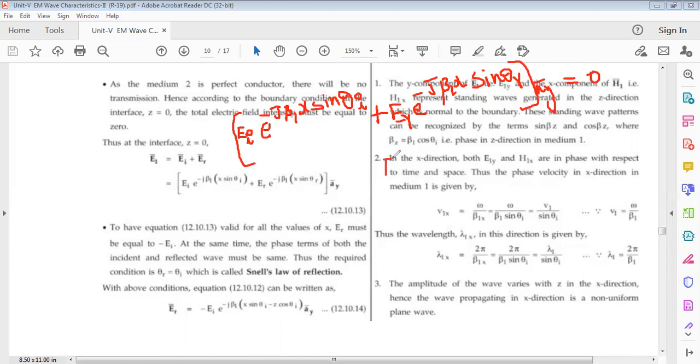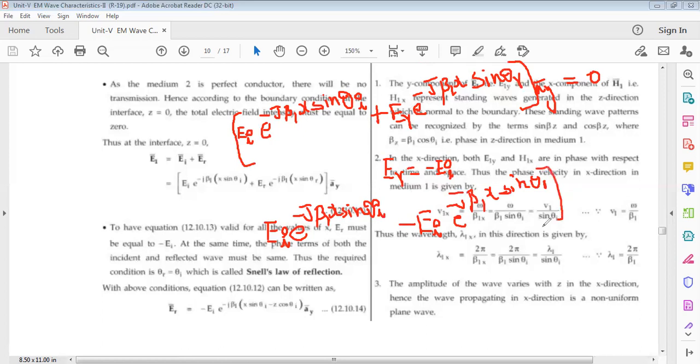So substitute E_R is equal to minus E_I. Following, my students. E_I into e power minus j beta 1 x sine theta I, substitute E_R is equal to minus E_I, e power minus j beta 1 x sine theta R, whole multiplied with a_y bar is equal to 0.